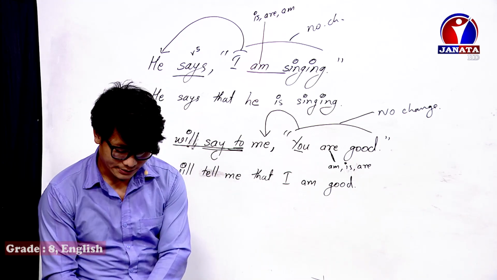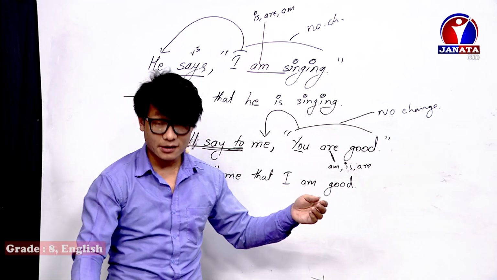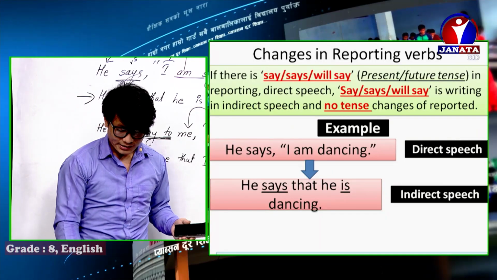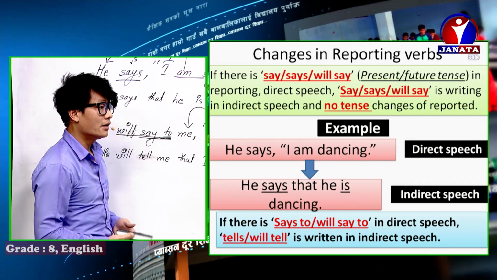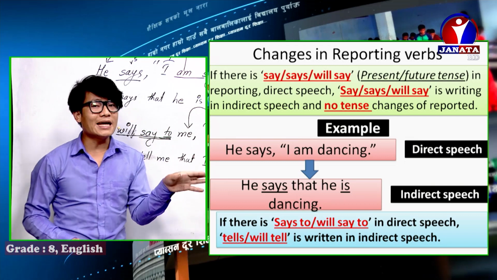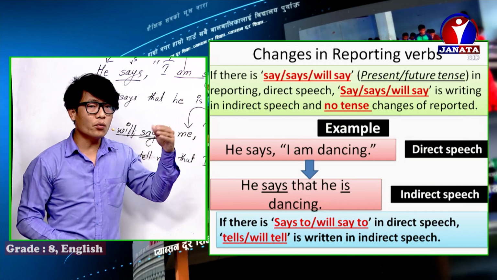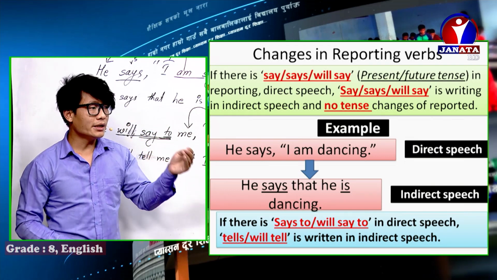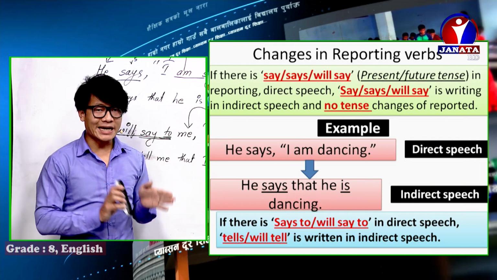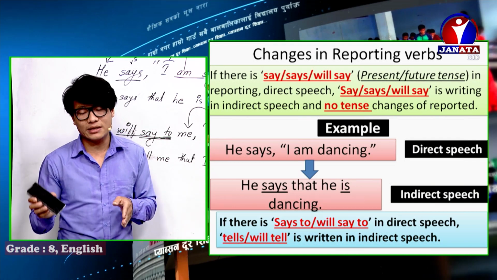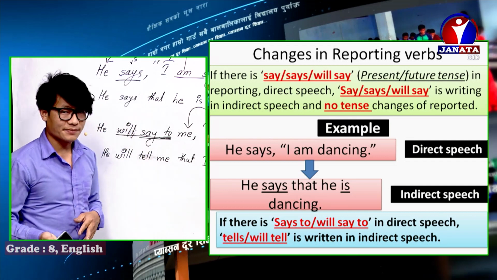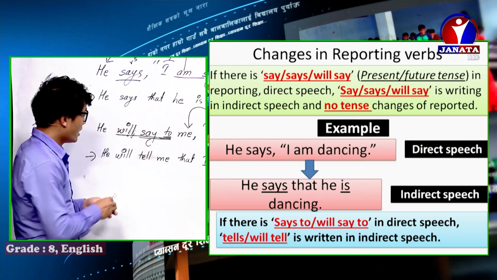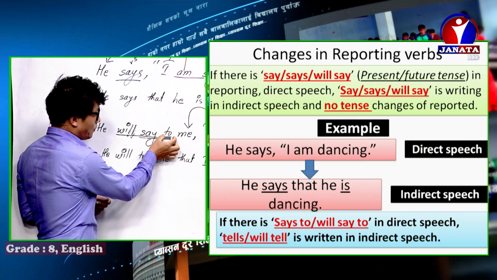Look at this slide. Let me show you the slide. Okay, look at there. If there is says to or will say to in direct speech, tells or will tell is written in indirect speech. So that's why. Look at here. Says to preposition here.